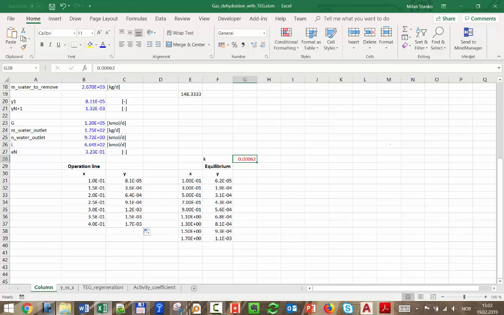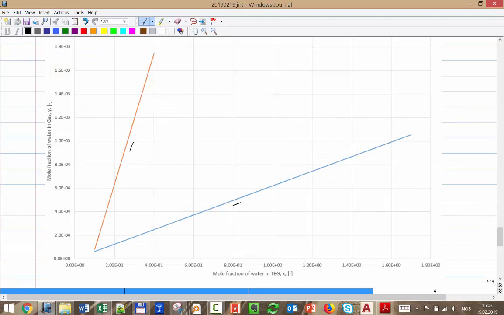So let's see here the results and let's see how many stages we need before we go and take a break. That will be this point here in the operational line is x0, and y1, the desired. I want to have 8 to the minus 5. So that 8 to the minus 5 is here. What is the first step? I calculate the liquid.